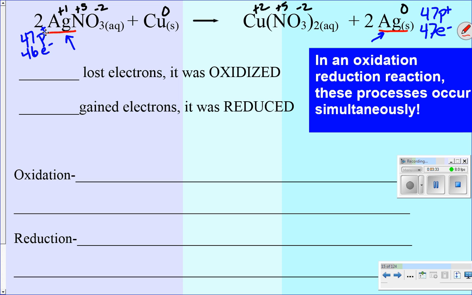If we next choose to look at copper, copper has the oxidation state of 0 on the left-hand side, and then on our product side has a +2 charge. Copper has 29 protons, neutral copper has 29 electrons. This is still copper over here, so we still have 29 protons, but because of the +2 charge, we only have 27 electrons. So what occurred here is that silver gained an electron, and our copper lost electrons.